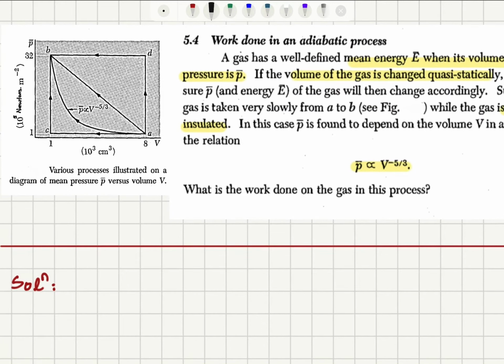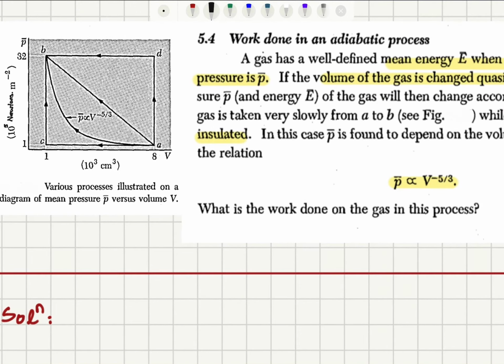The gas is taken very slowly from A to B. So that is this path here. The gas is following this path. I have the state A here and state B here.